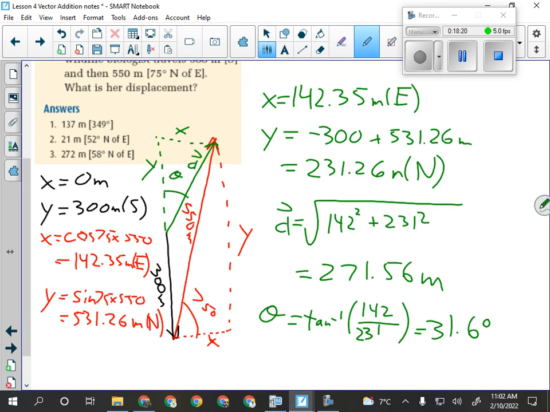And according to my triangle, that's going to be east of north.